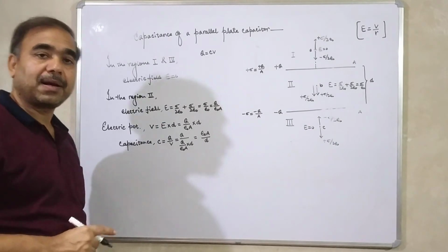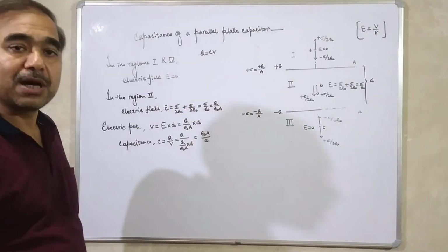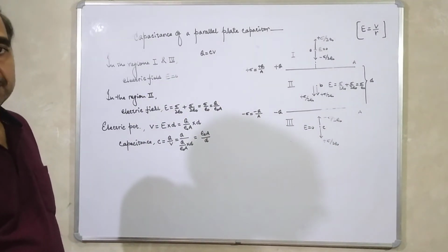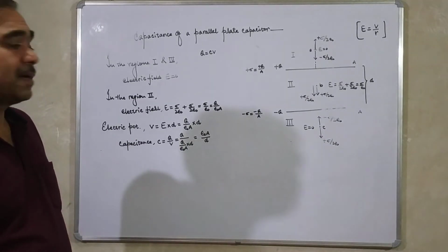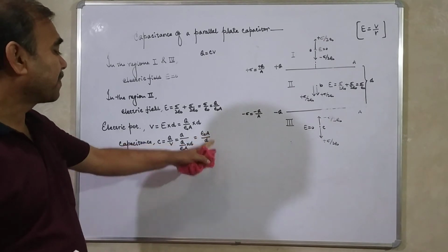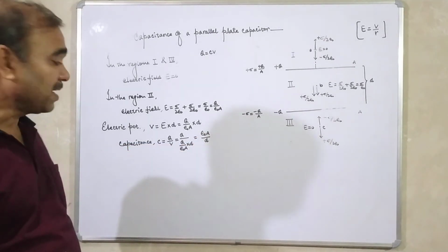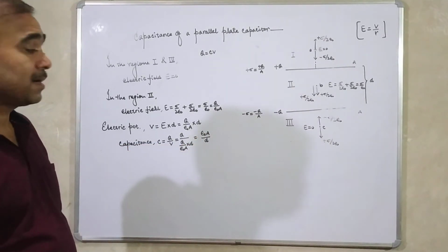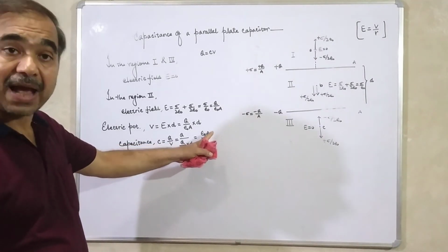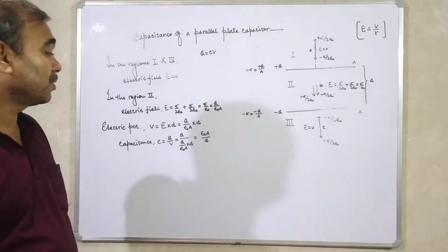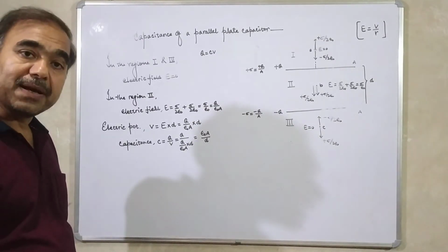Capacitance of parallel plate capacitor without any dielectric medium. Or you can say, if there is air between the plates of capacitor, its capacitance will be epsilon naught A upon D. Means capacitance of capacitor is directly proportional to area of each plate and inversely proportional to the distance between the plates.